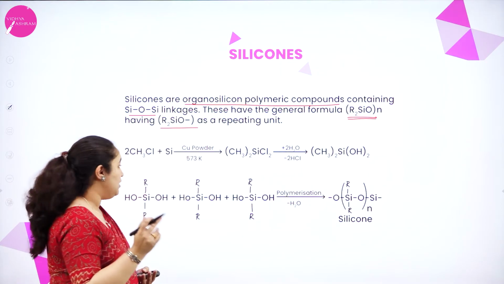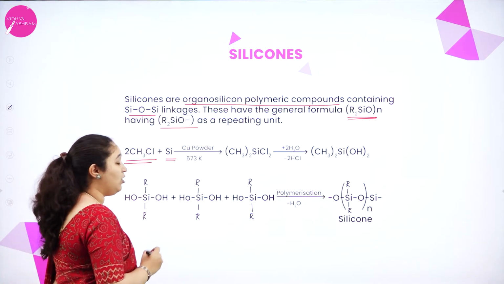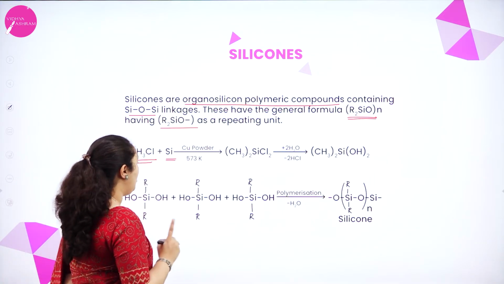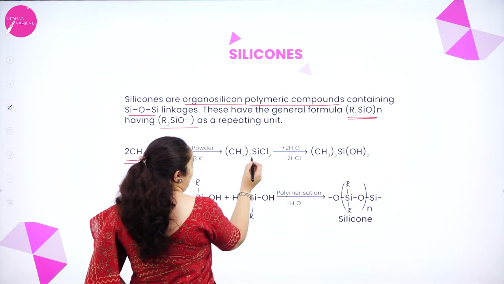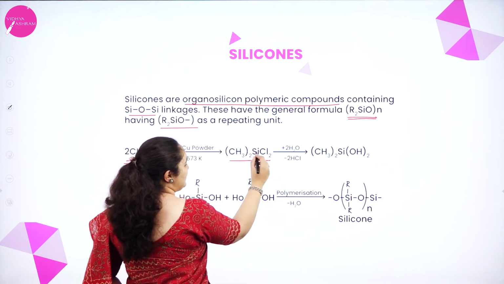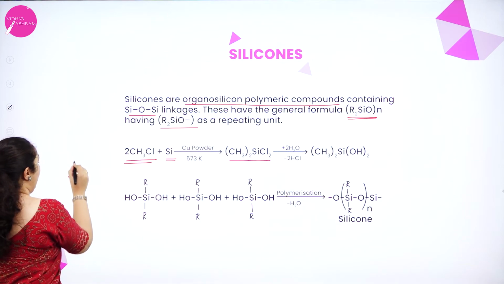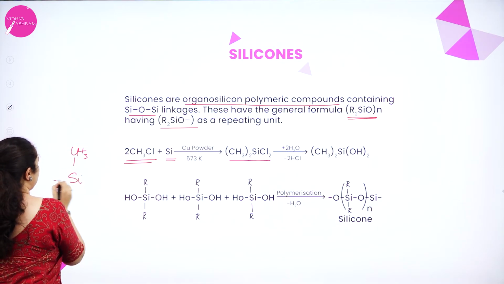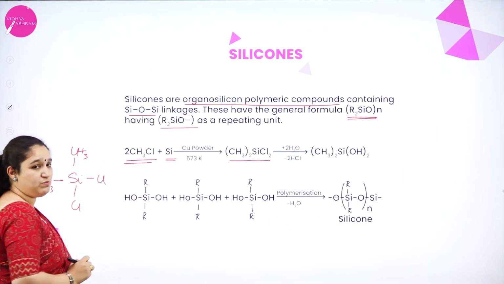Okay, you can see here, if I take methyl chloride and treat it with silicon in the presence of copper powder at 573 Kelvin, we get R2SiCl2, that is, CH3 twice, SiCl2. What is happening to silicon? We have CH3, CH3, Cl2 bonded to it.